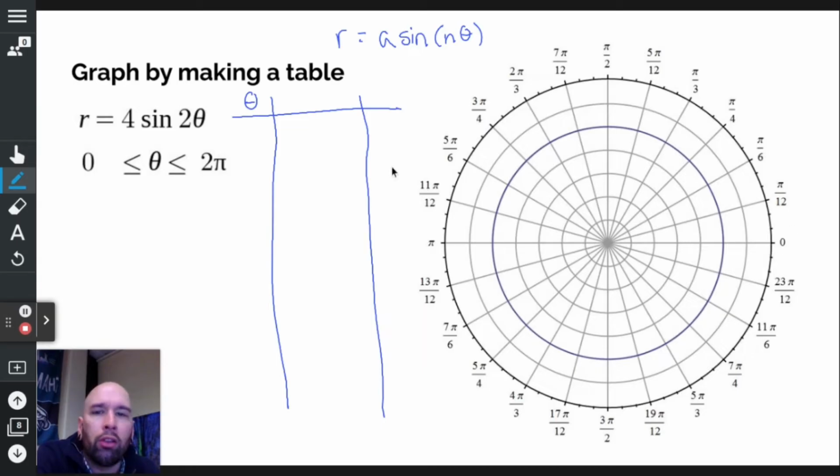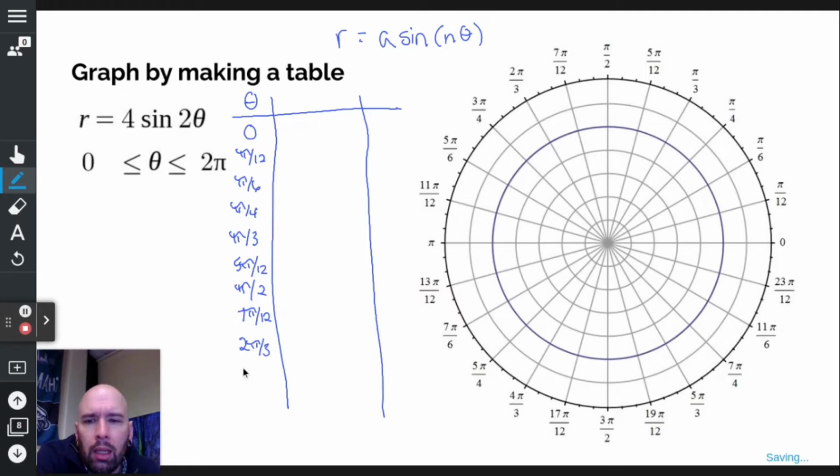So I'm going to start at 0, pi over 12, pi over 6, pi over 4, pi over 3, 5 pi over 12, pi over 2, 7 pi over 12, 2 pi over 3, 3 pi over 4, 5 pi over 6, 11 pi over 12, and pi.